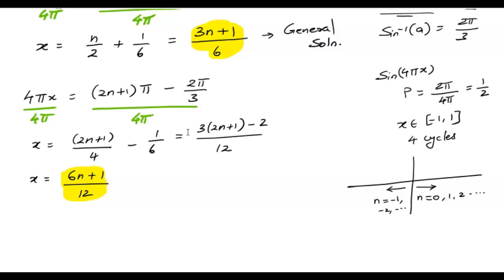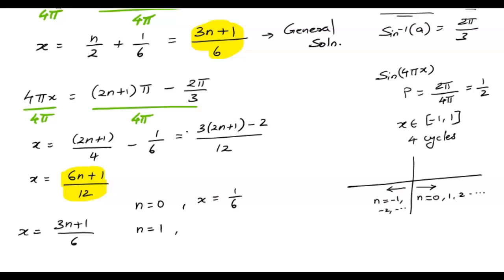So let's start with the very first one. Say x is equal to (3n plus 1) on 6, right? So we're going to start substituting values. When n is equal to 0, we're going to get the solution for x is 3 times 0 plus 1, which is nothing but 1 on 6.